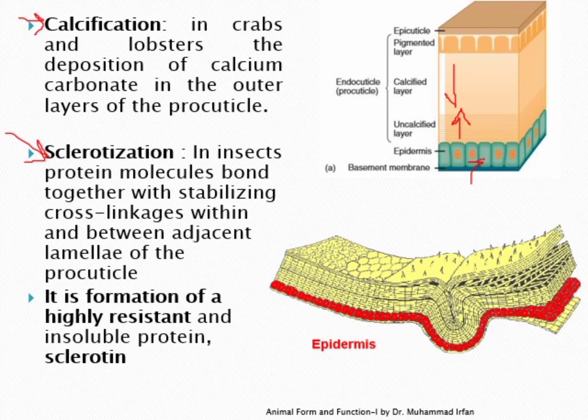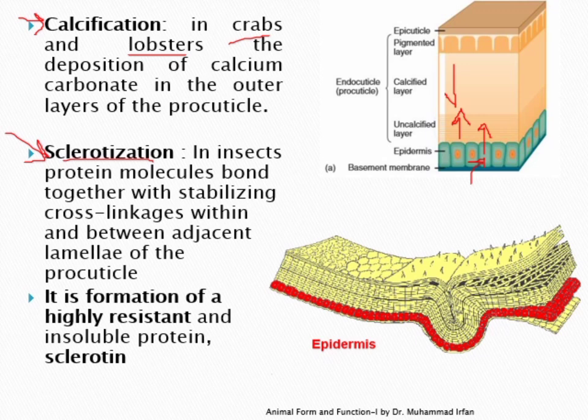They absorb calcium from the hemolymph and make it into calcium carbonate. They release it on the surface of their procuticle, the innermost layer of the cuticle, and it hardens the cuticle, like in crabs and lobsters.